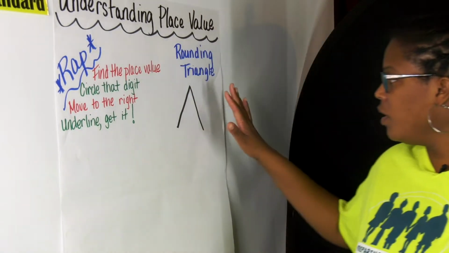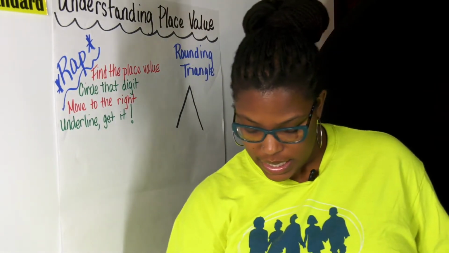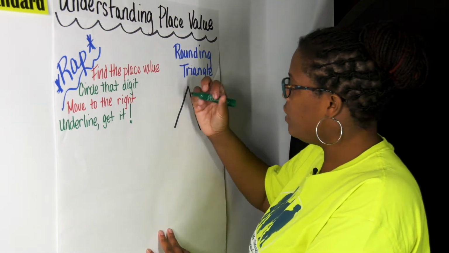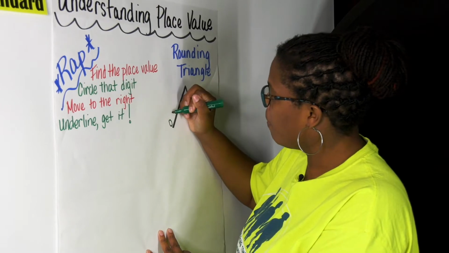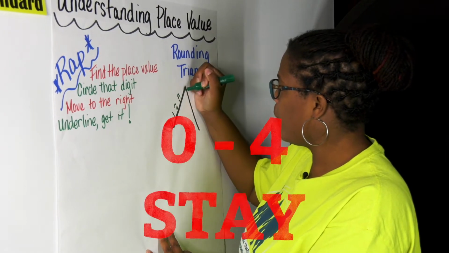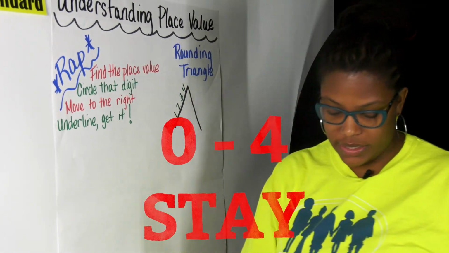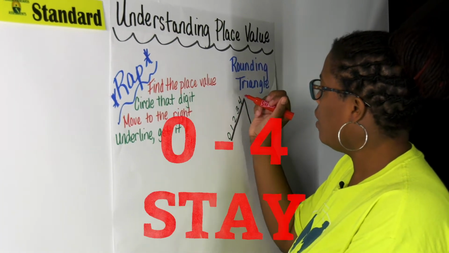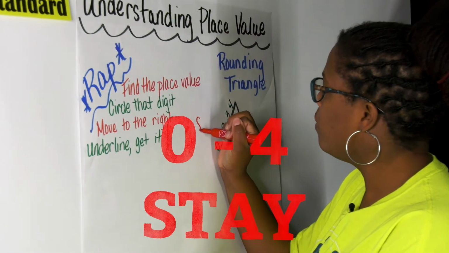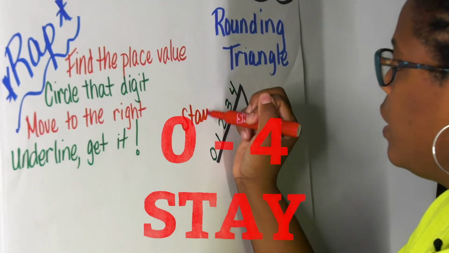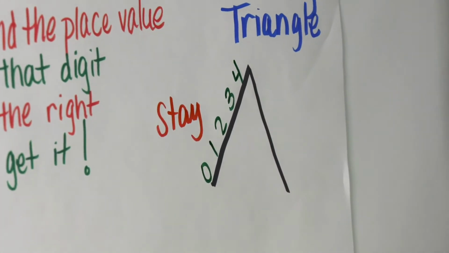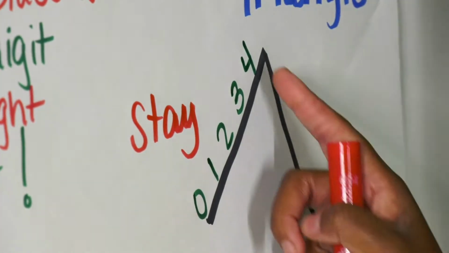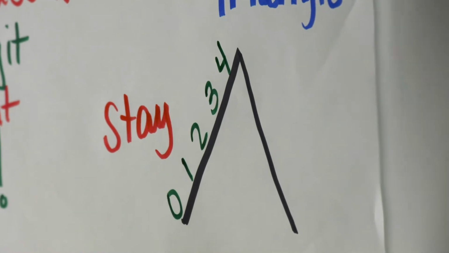So with the rounding triangle, any numbers from 0 to 4 stay the same. When you are rounding numbers and the digit that you're looking at on the right is from 0 to 4, you're going to stay the same.